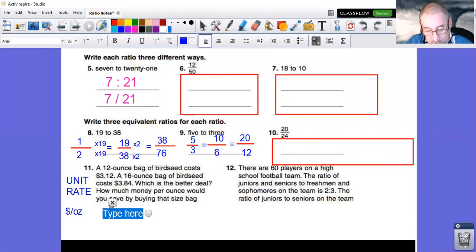So we have $3.12 divided by, keep my units on there, 12 ounces.